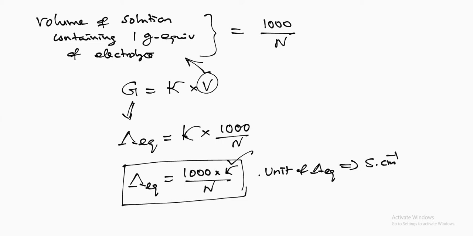There I mentioned that the distance between the two electrodes is 1 centimeter and the area of cross section is 1 centimeter square. Therefore, the unit of kappa is Siemens centimeter inverse, and it is divided by normality.